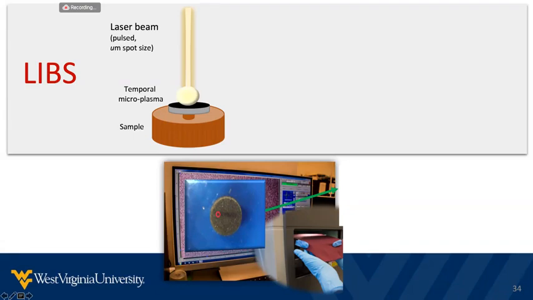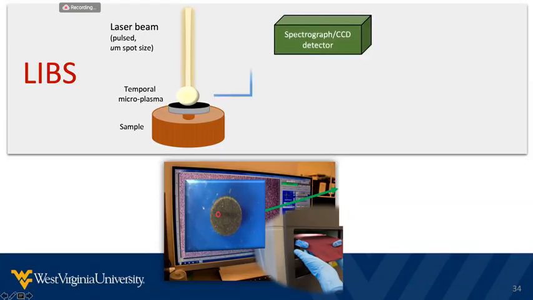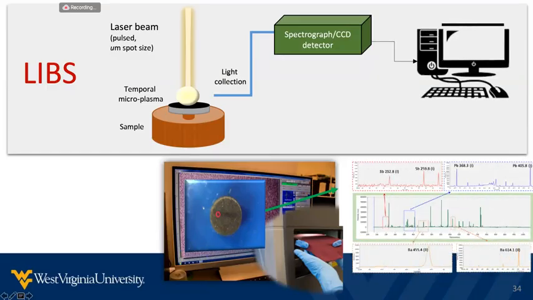When these excited species come back to the ground state, they emit light at characteristic wavelengths that are captured and detected by a spectrograph. We can measure spectra for these species from UV to infrared regions, being able to literally detect almost every element in the periodic table in just a few seconds.